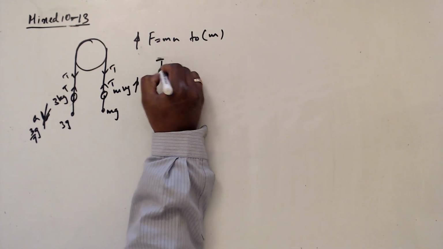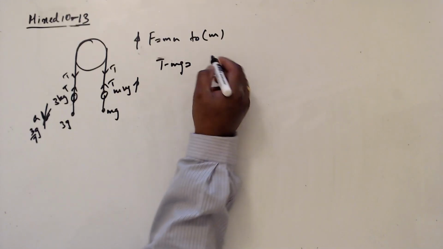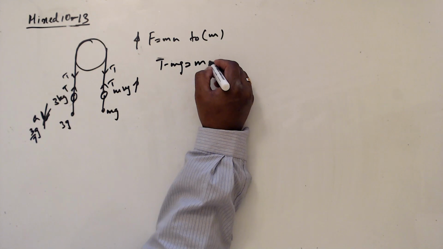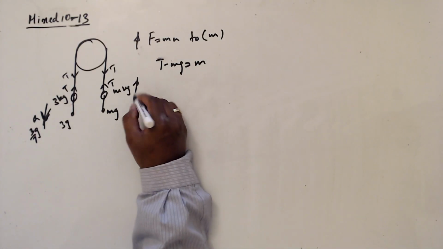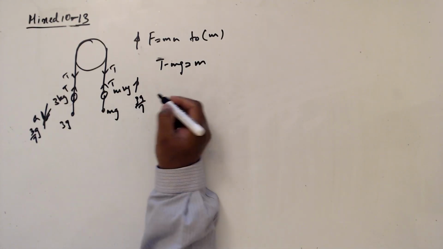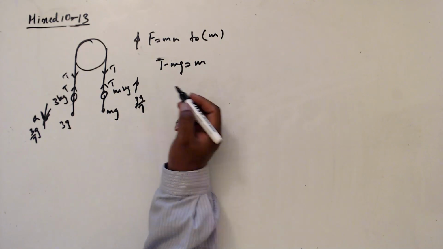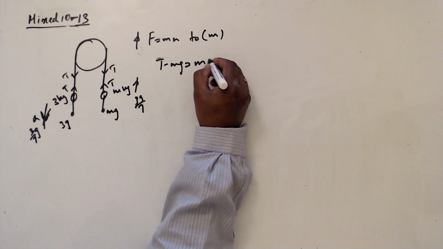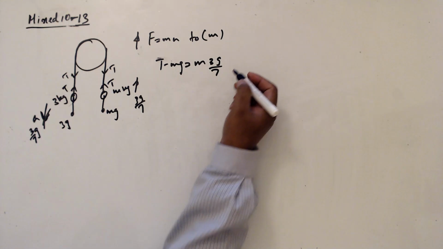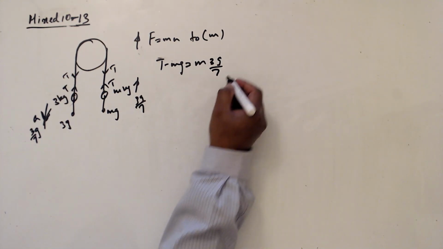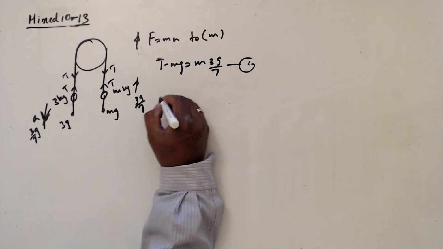T minus mg equals m times a, which is given as 3g over 7 going up. That is one equation.